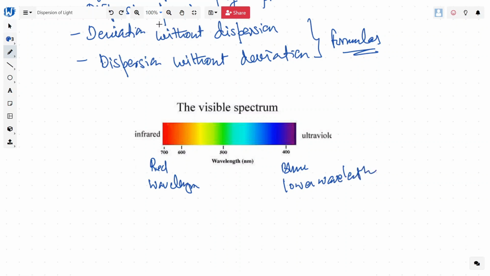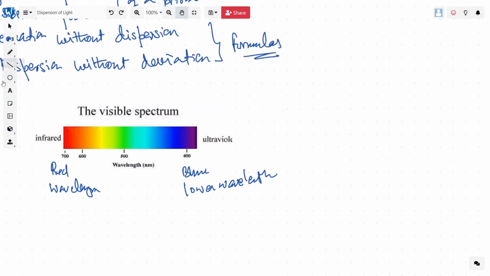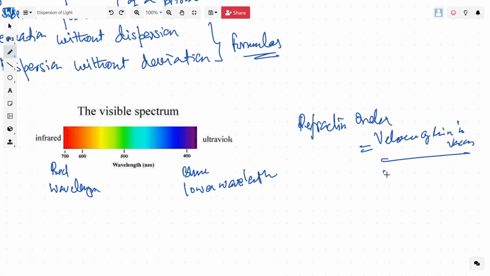Now we also know that the refractive index is defined as velocity of light in vacuum divided by velocity of light in the medium.